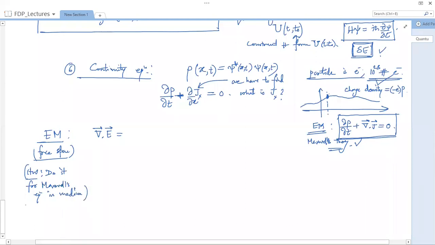In a medium, we have the displacement vector D and H. So Maxwell's equation in free space is del dot E equals rho by epsilon naught. I mentioned this is Gauss's law. And del dot B equal to 0 means no magnetic monopole.